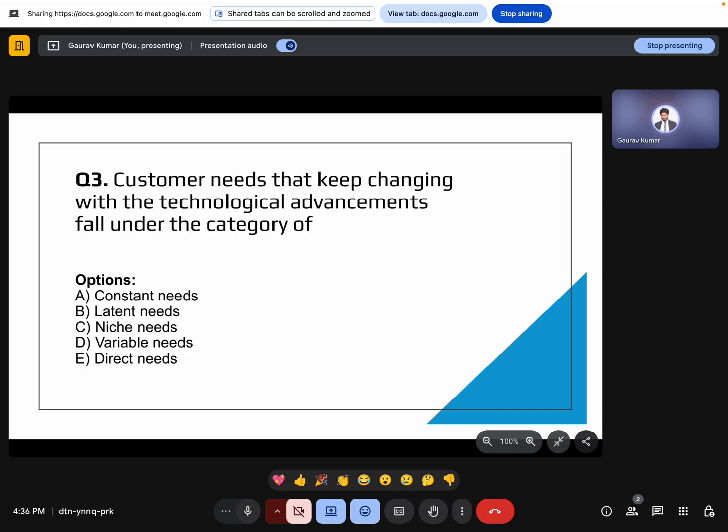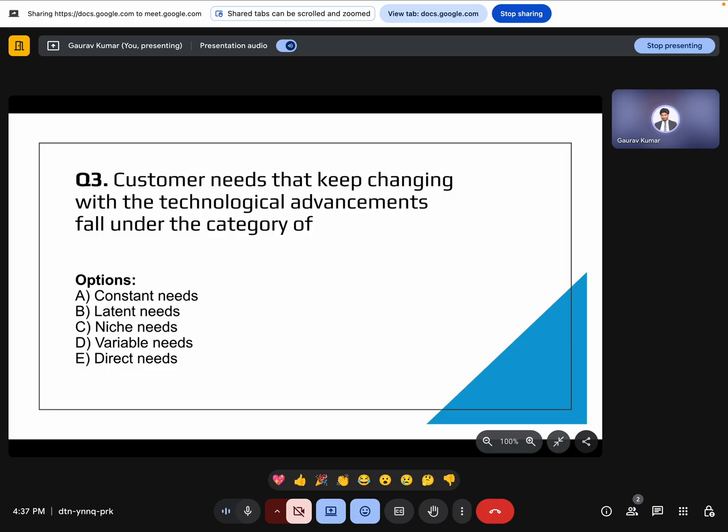For example, decades ago, a simple keypad phone satisfied customers. Over time, a large screen became necessary, then touch screens, and today foldable displays or advanced AI features are becoming the new expectations. This shows how variable needs keep shifting as technology progresses.